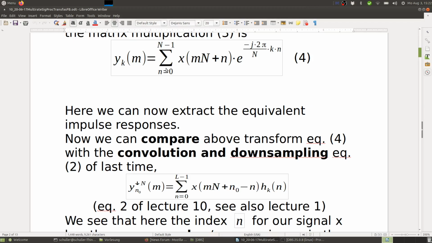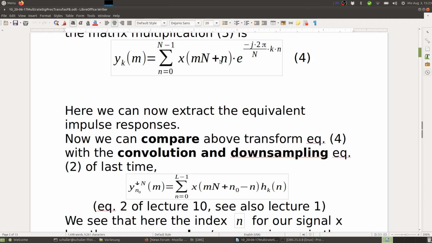Except for this, it's pretty much identical. Here we have the sum going over n equals 0 to capital N minus 1. It's the same. Then we have an x. Here we have a block index mN. Then we have some freely choosable phase index n0. We can also choose to set it to 0 if you want. But we have this minus sign here. This minus sign does not fit to this plus sign here.